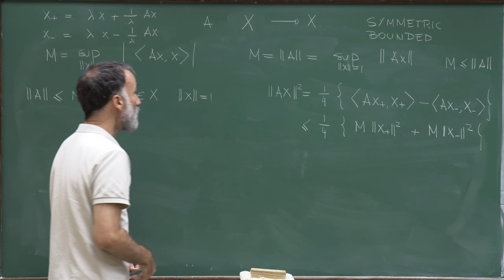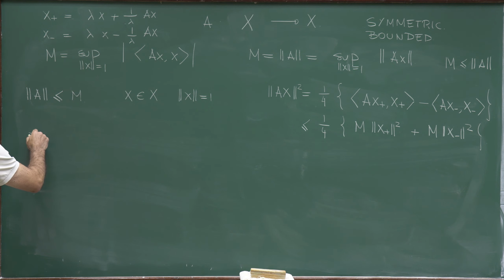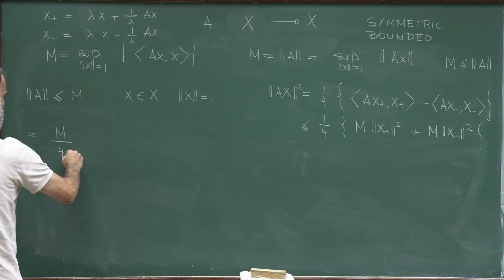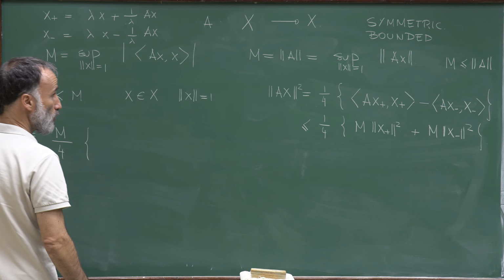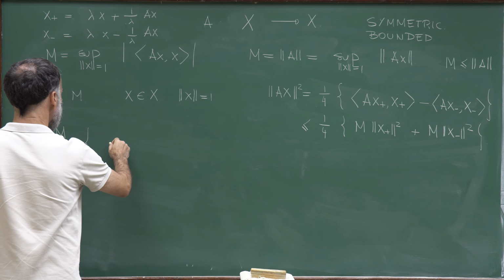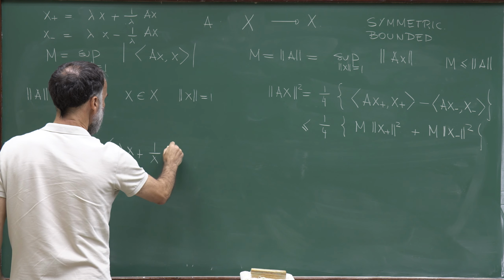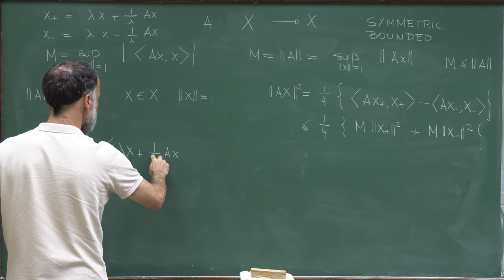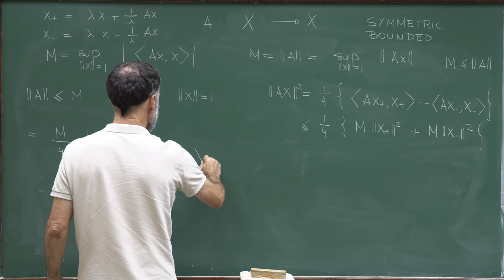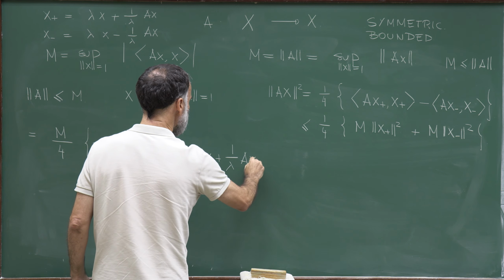And now let's recall what x plus and x minus are. So I continue here. This is equal to m divided by 4 times the norm of x plus squared, which is the scalar product of x plus with x plus. So this is lambda x plus 1 over lambda ax, lambda x plus 1 over lambda ax.